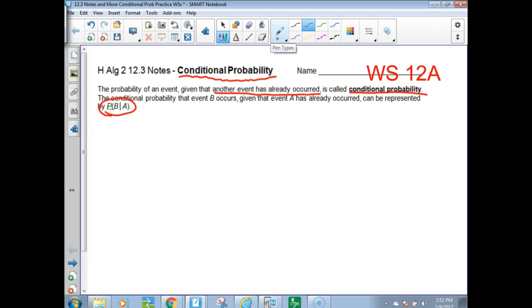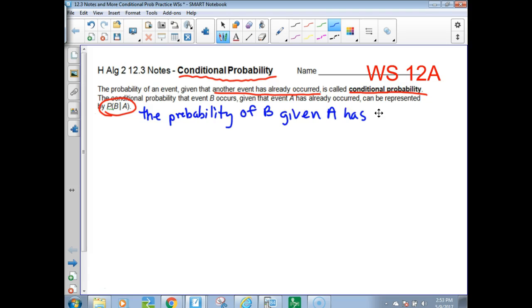That notation is simply saying the probability of B given A. So you might want to note in words what that means: given A has happened or occurred.